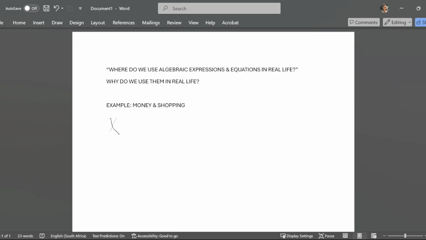Okay, and then this is what we have. Number of apples, and then 3 rand would be the cost of one apple. The total cost will be 3 rand multiplied by the number of apples, correct?